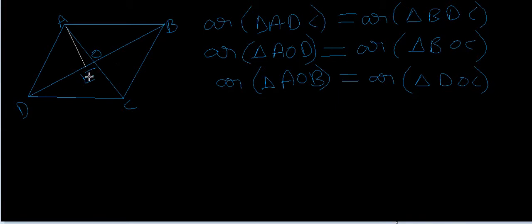And if you remember, in a parallelogram, the diagonals bisect each other. So we can also say that DO would be equal to OB.